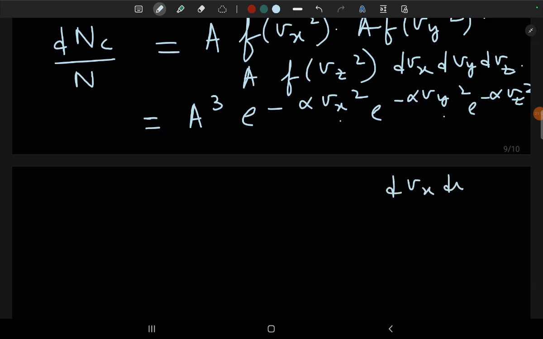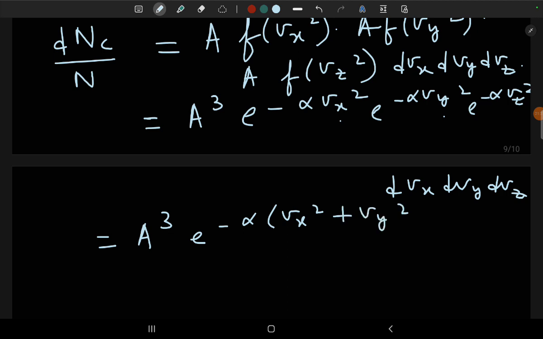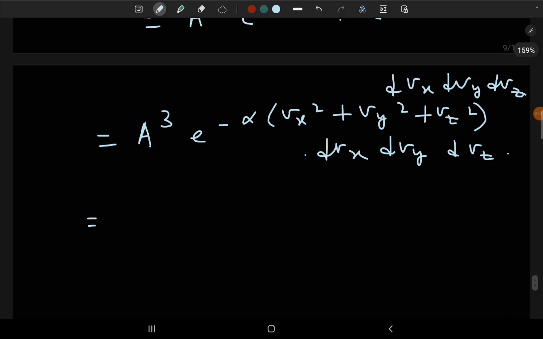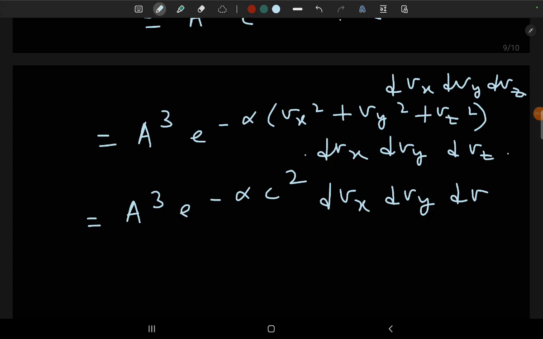So this is a cubed e to the power minus alpha (vx squared plus vy squared plus vz squared) dvx dvy dvz, and again we have a cubed e to the power minus alpha c squared dvx dvy dvz.